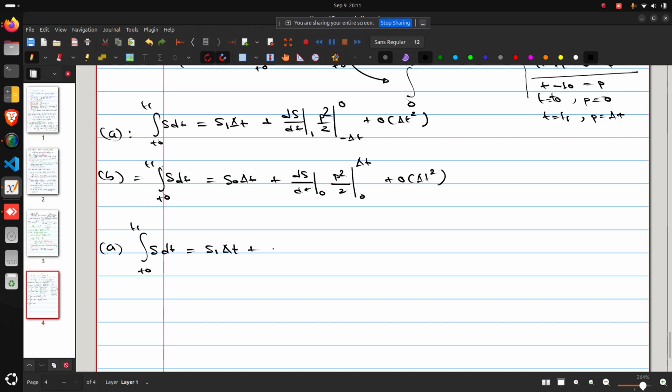So this will not be plus anymore, this will be minus ds dt at 1 delta t squared, right, delta t squared, and what else, plus order of delta t square.